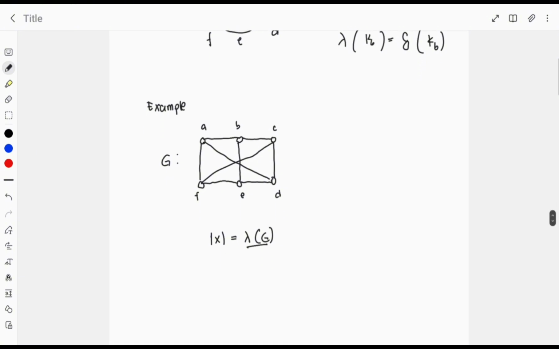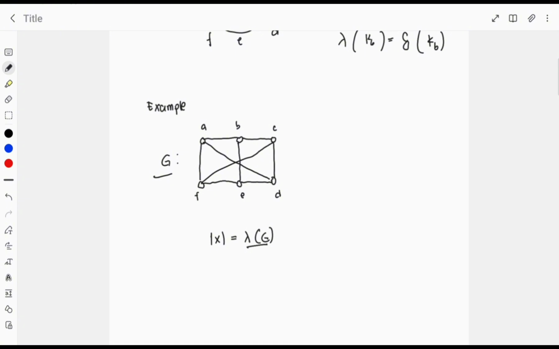Okay, let's choose V1 and V2, and we let V1 be an element of H1, the first component in our graph G, and V2 an element of H2.